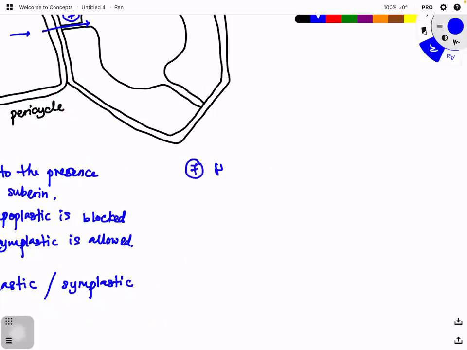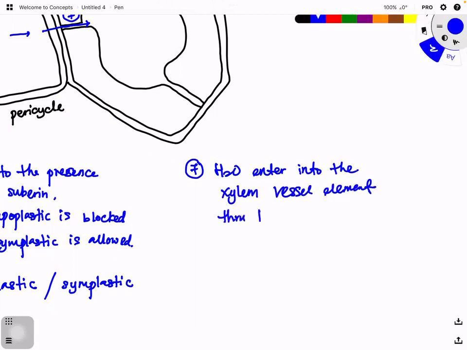The water molecule enters into the xylem vessel element through the pits. Okay, so the overall process is down the water potential gradient.